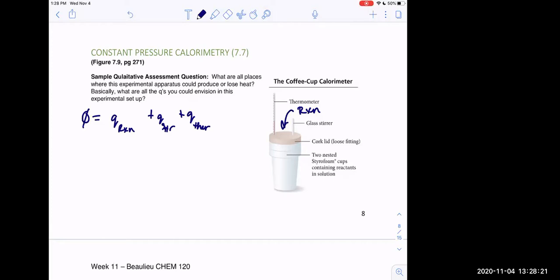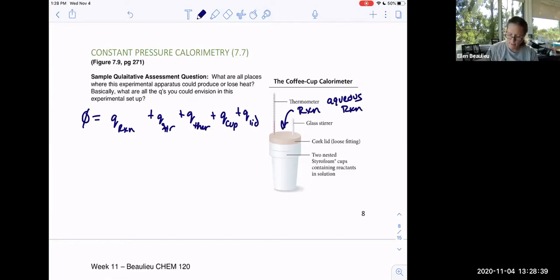The cup. The lid. Outside environment, if it's a loose fitting lid. You're right. The air around.